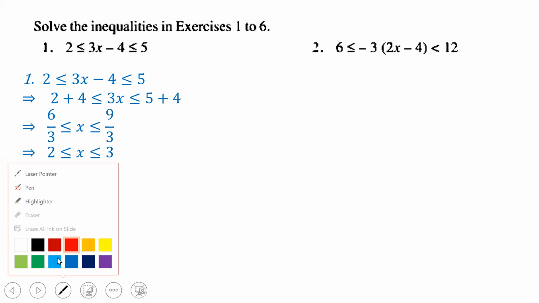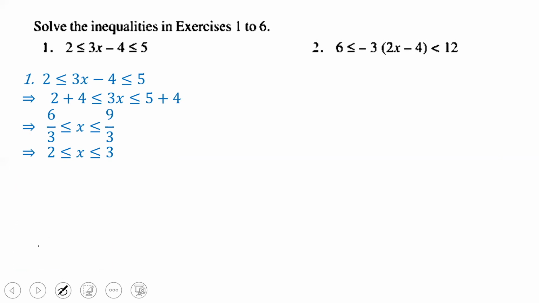That simply represents the solution. This includes the points 2 and 3, and all the members in between 2 and 3.